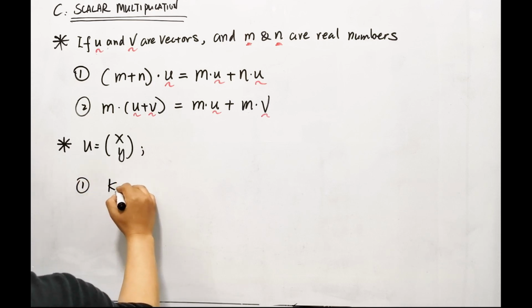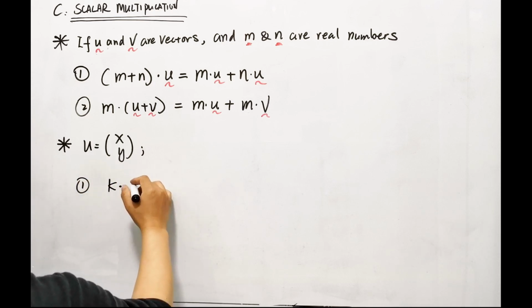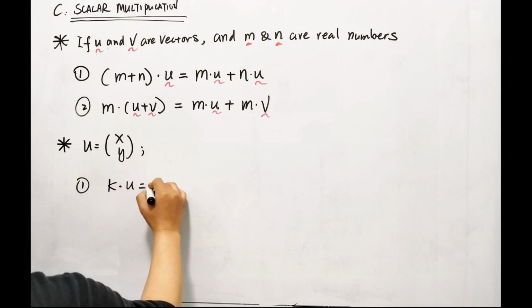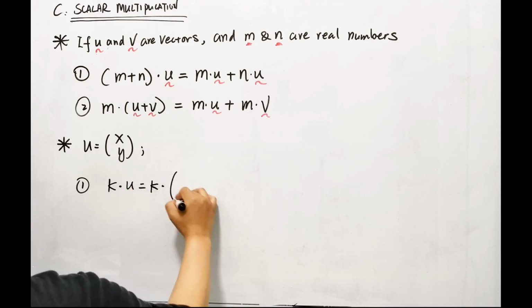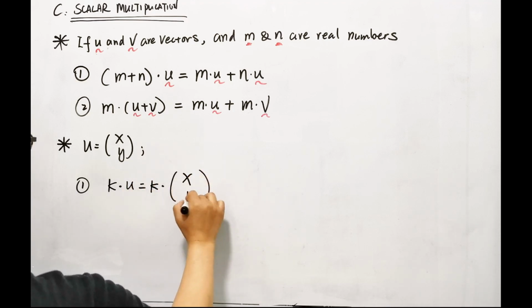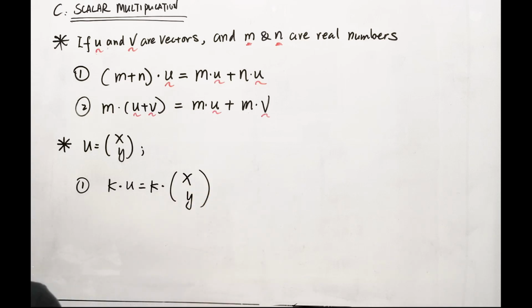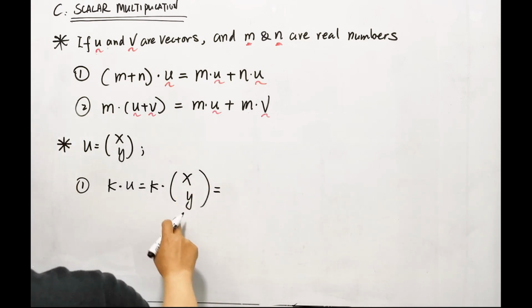If we have k times the vector, we can also write k times (x, y), the x component and the y component, and we can bring them in.